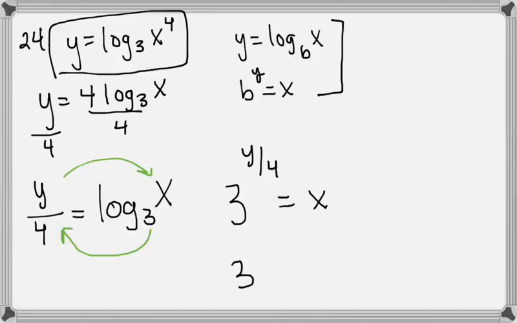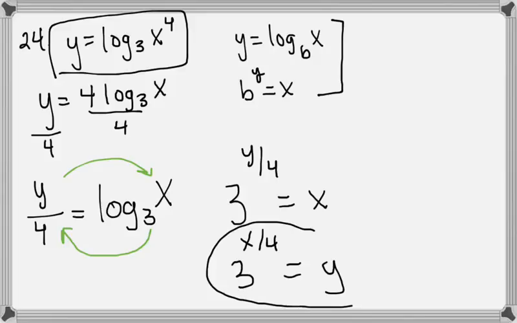So this is going to give me 3 to the x over 4 equals y. And that's your inverse. This is tricky, but once you get the process down, it won't be hard. That one's probably one of the harder ones. It definitely gets easier than that. You have a lot fewer steps to do sometimes.